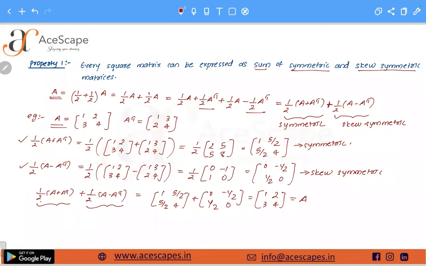This is an important property you need to remember while solving questions.